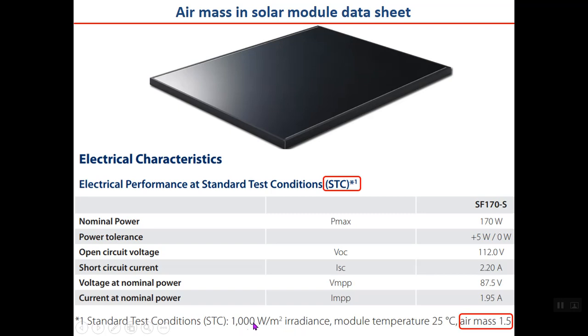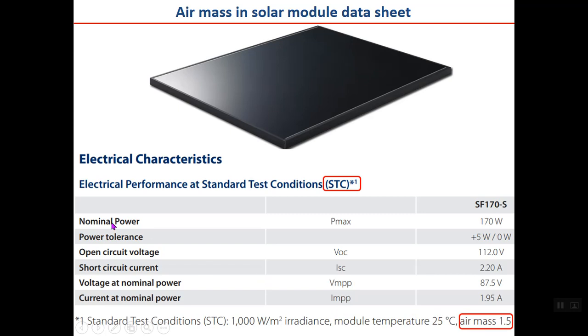By the way, STC is an irradiance of 1000 watts per square meter when the module temperature is 25 degrees C and air mass is 1.5. So you can see that air mass is one of the conditions in the standard test.